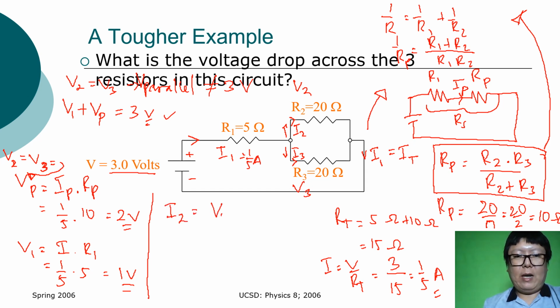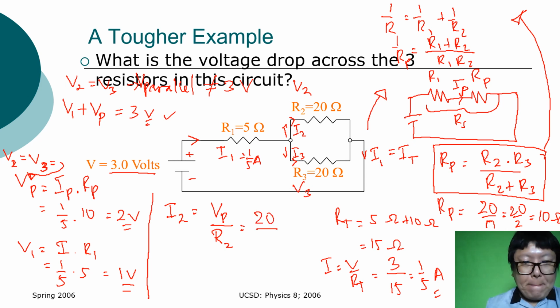V parallel, or V2 divided by R2. So, sorry, the V parallel should be 2 divided by 20. So 1/10 amps.